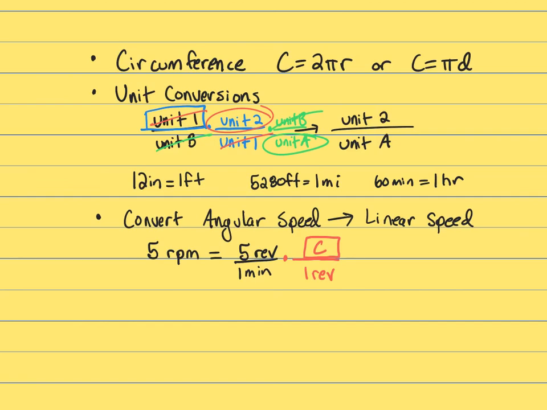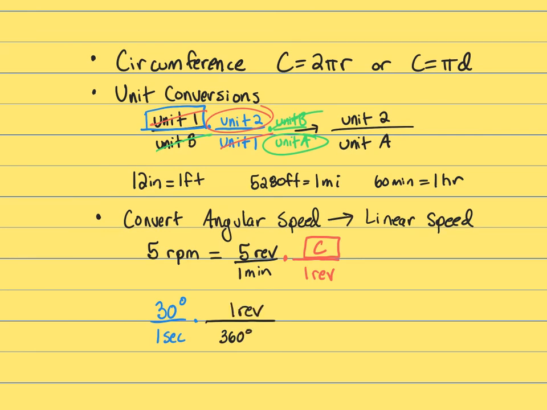Now if they gave you the angular speed in terms of radians per minute or degrees per minute, so let's say that you went 30 degrees per second and you wanted to convert that to a linear speed, we would need to multiply by something that says there are 360 degrees per 1 revolution.